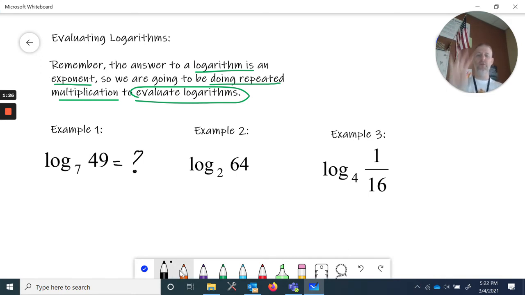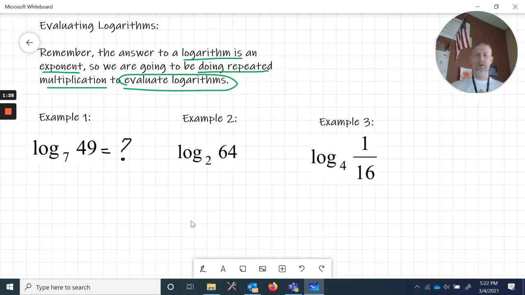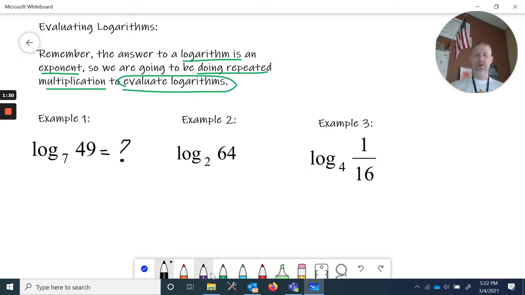So 3 to the 4th power means 3 times 3 times 3 times 3, and that's 81.